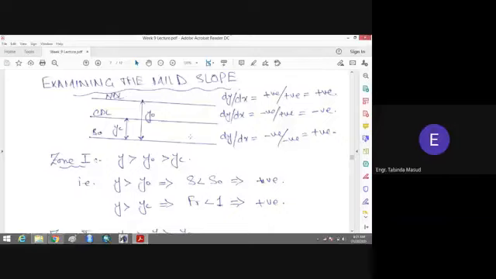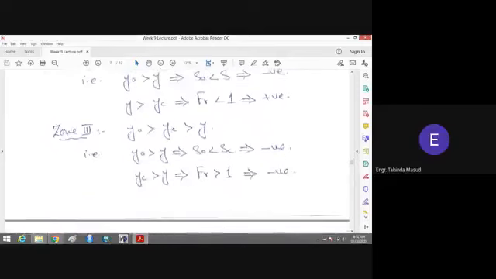Similarly, for zone number 3, you will draw a flow profile, and you will say that y naught is greater than yc, which is greater than y. And then you will compare y naught and y. First, you can see that y naught is greater than y. Therefore, s naught is less than s, and you will get a negative value for the numerator of the equation.